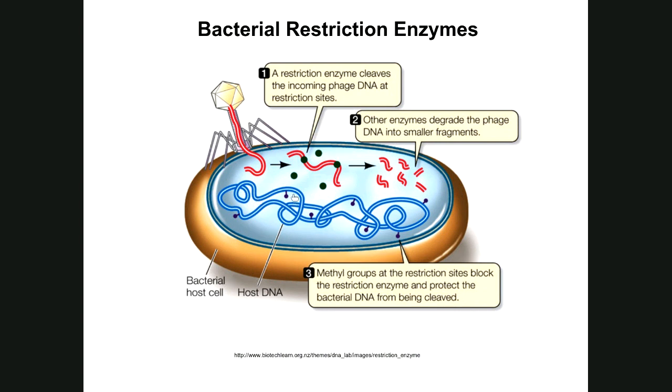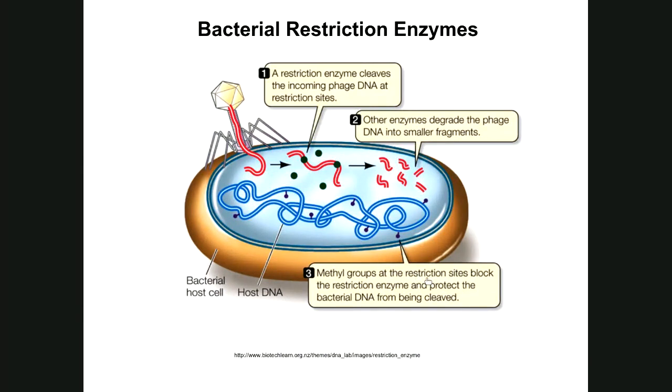So by the bacterial cell tagging its own DNA with methyl groups, the restriction enzymes that it's producing know, hey, now I can tell the difference between viral DNA and our own DNA. Whenever a bacteriophage is attempting to infect a bacterium and transform it into a host, these restriction enzymes look at certain combinations of bases that they call restriction sites.